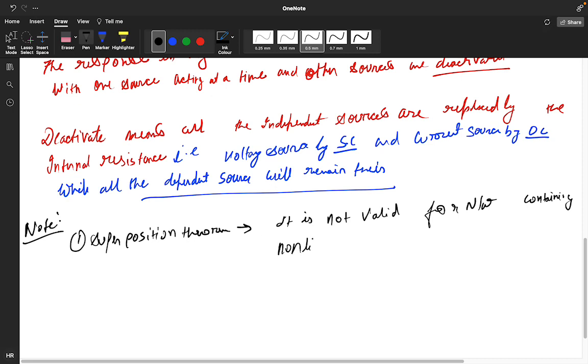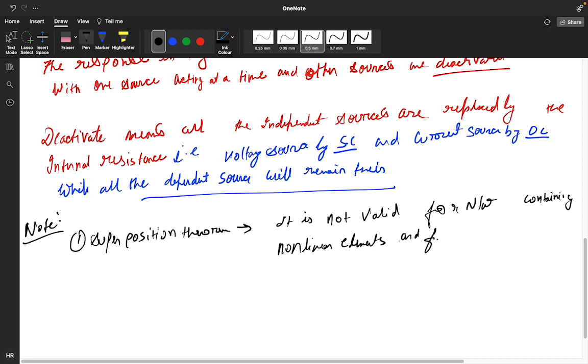How will you check the non-linearity? Like what I did in the previous slides. And it is also not valid for non-linear parameters such as power.